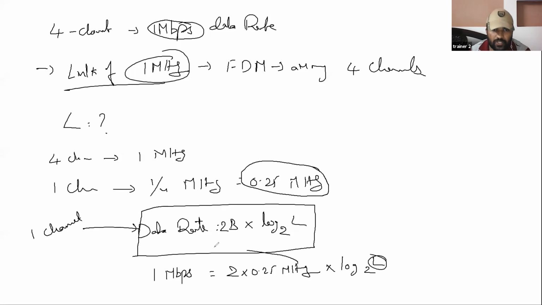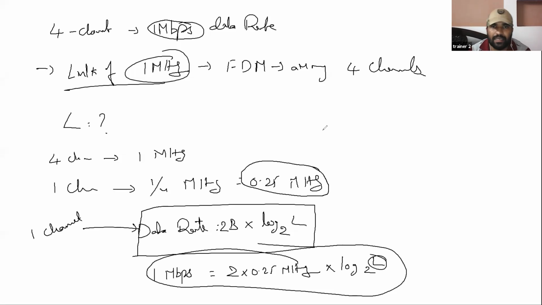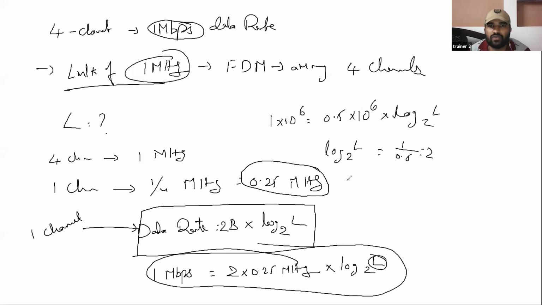Okay, if you substitute these values and perform the operations correctly, that means 1 into 10 power 6 is equal to 0.5 into 10 power 6 into log L base 2. So that means log L base 2 is equal to 1 by 0.5, that is equal to 2. So L equal to 2 square, that is equal to 4.